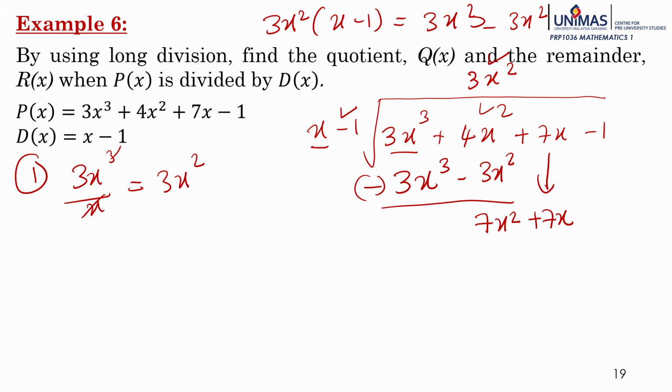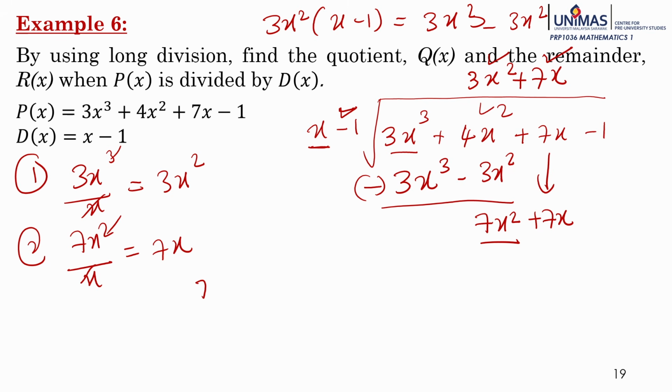Okay, and then we repeat again. 7x squared divided by x, we have 7x. Positive, right? So plus 7x. Then 7x here times x minus 1.